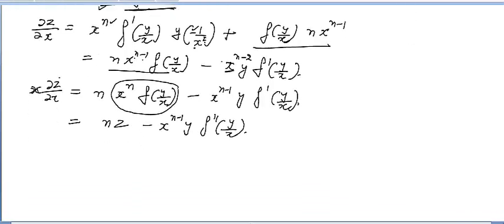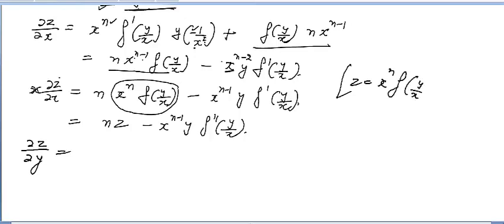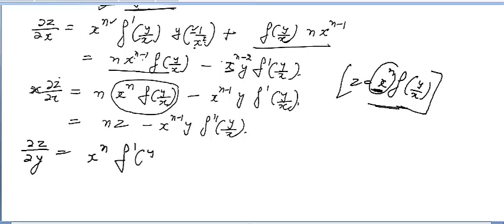Now you will find the derivative of z with respect to y. You know that z is equal to x raised to power n f(y over x). So you have u, and because you are finding the derivative with respect to y, x raised to power n is constant and outside. The derivative of f is f'(y over x), and the derivative of y over x is 1 over x.